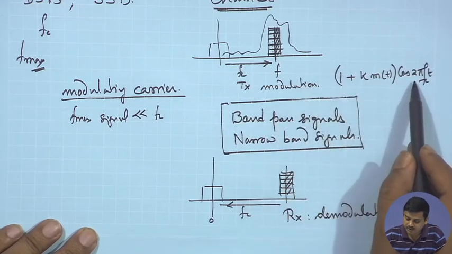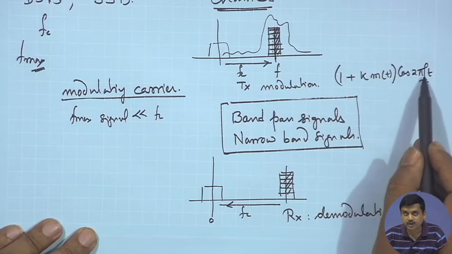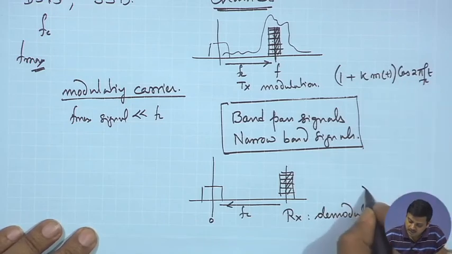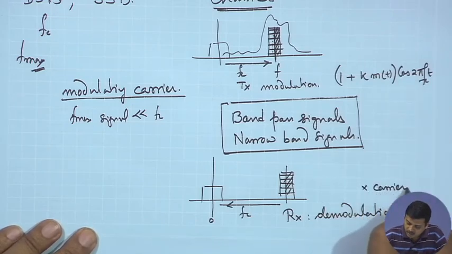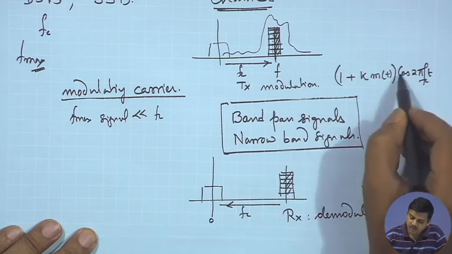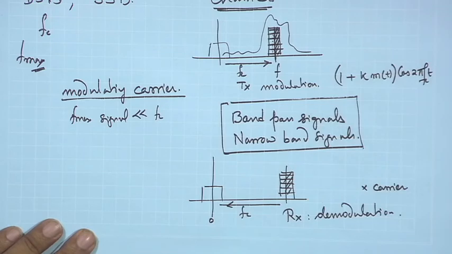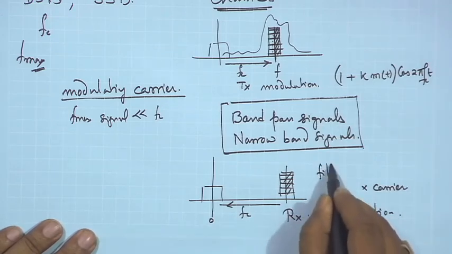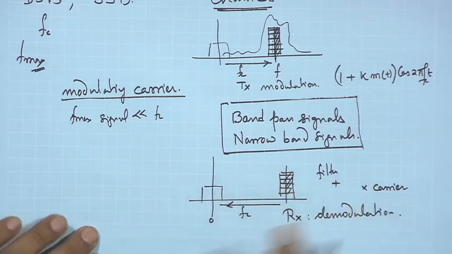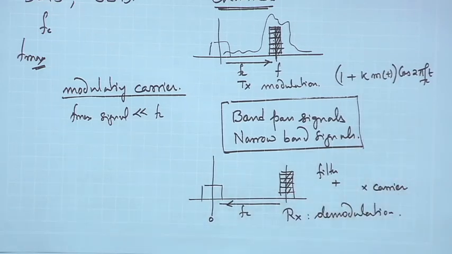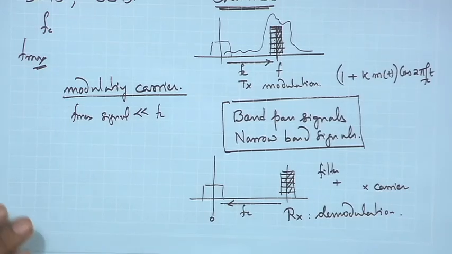So, if I multiply with this carrier, I am going to get a cos squared term. Cos squared can be expanded in terms of 1 plus cos 2 theta, and you have a filter which is going to filter out the cos 4 pi f c t terms, and you will be left with only the baseband component.